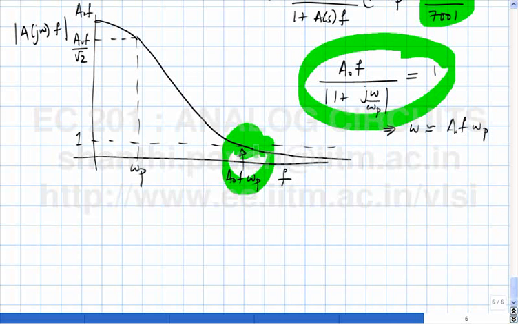So you can expect that the closed loop bandwidth will be of the order of A naught F times omega p, which also comes out to the max.